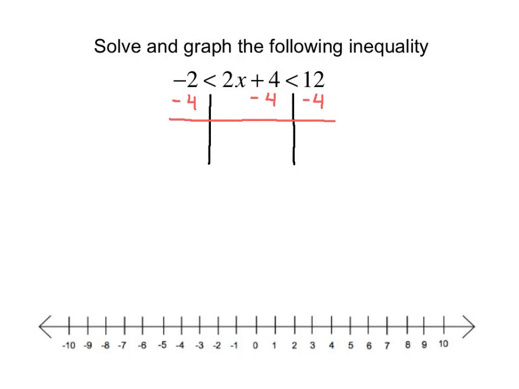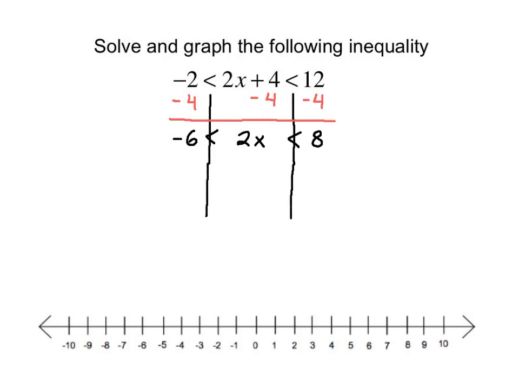Negative 2 minus 4 becomes negative 6, still less than. In the middle, I'm just left with 2x, and then less than 12 minus 4, which is 8. Notice how I did the same operation to all parts of the inequality with the idea of getting x by itself.